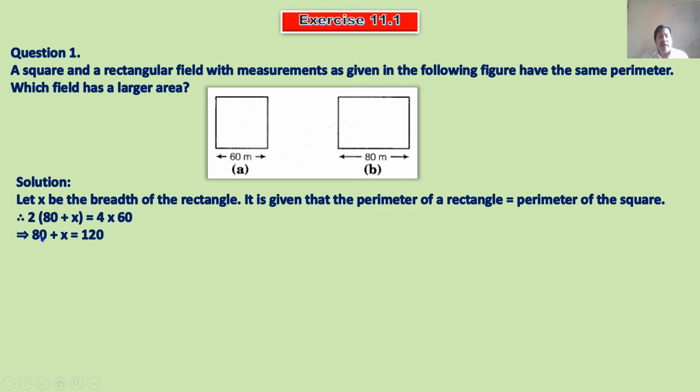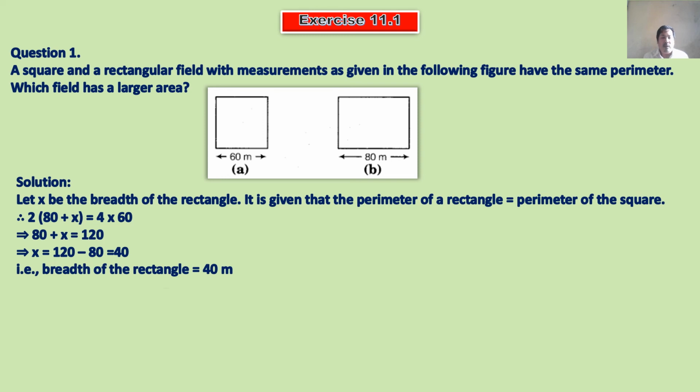So next step we have 80 plus x equal to 120, and then x is 120 minus 80, that is 40. So we get the breadth of the rectangular field as 40 meter.